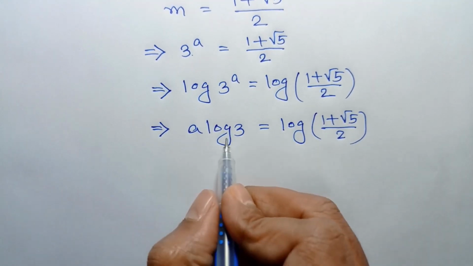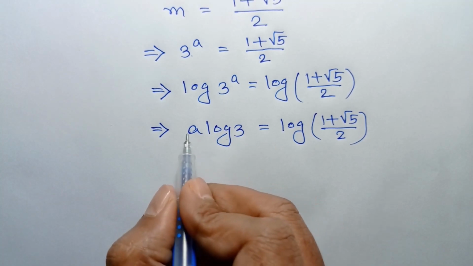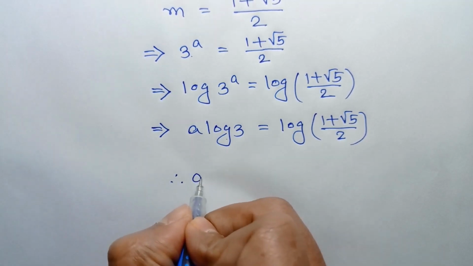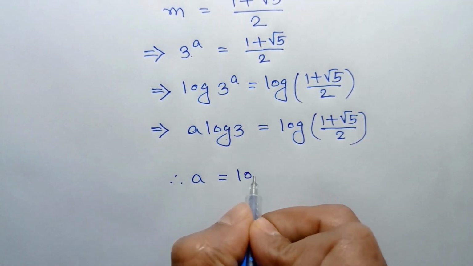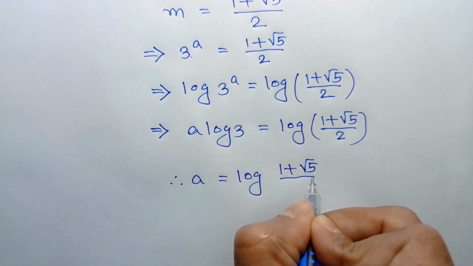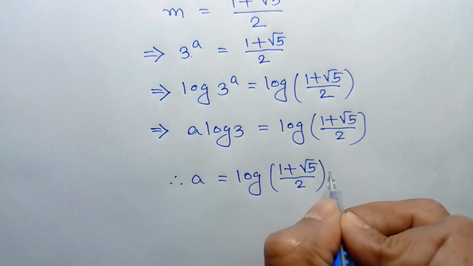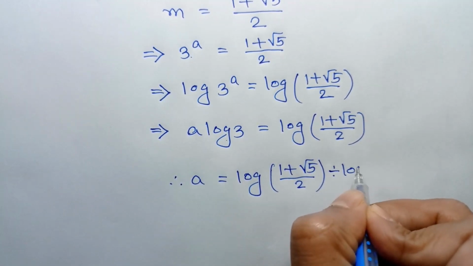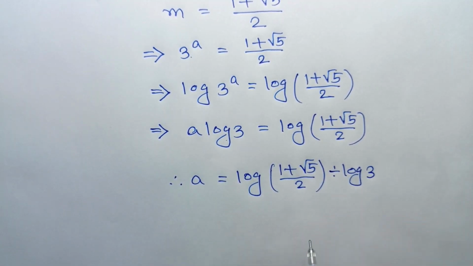Now dividing both sides by log 3, we will have the value of a is equal to log of (1 plus square root of 5) over 2, divided by log 3.